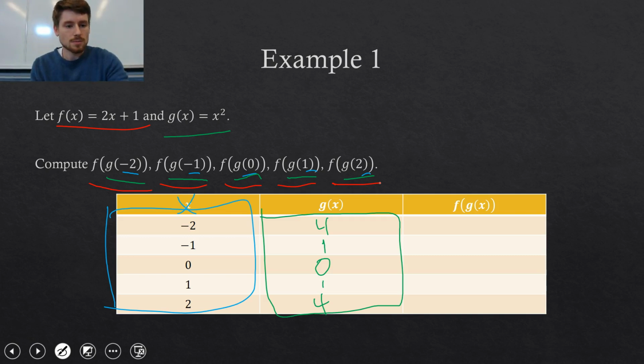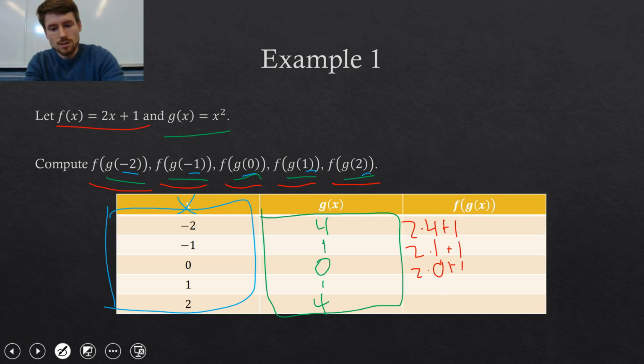Well, f says multiply my input by 2 and then add 1. So let's go ahead and multiply these numbers by 2 and then add 1. So 4 times 2, or 2 times 4, and then plus 1. And then we have 2 times 1, and then plus 1. 2 times 0, and then plus 1. 2 times 1, and then plus 1.